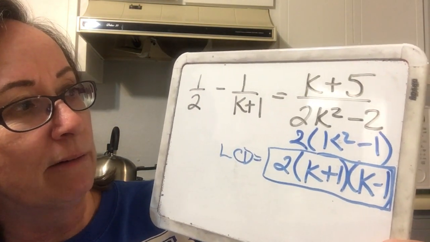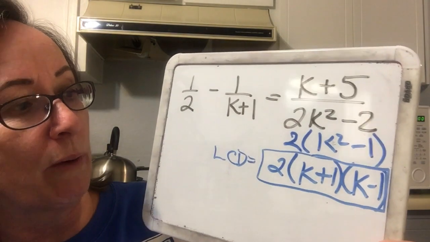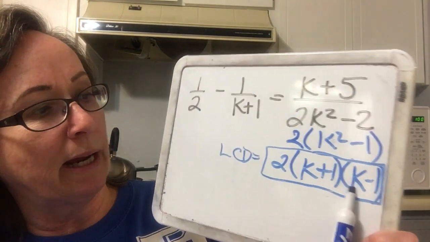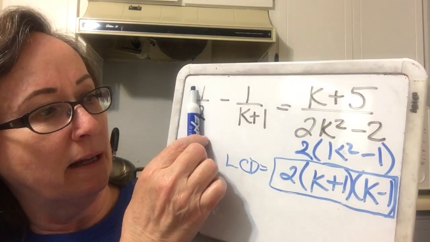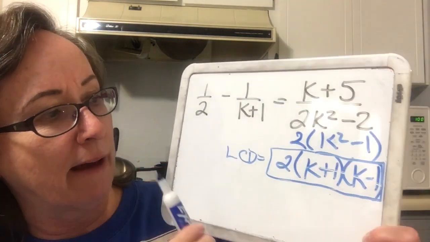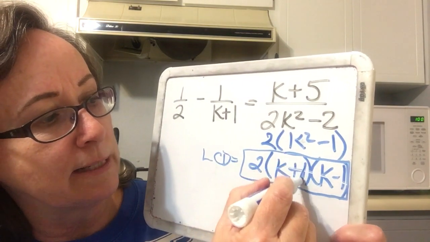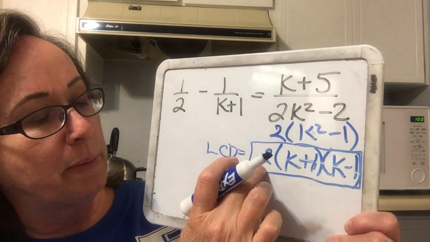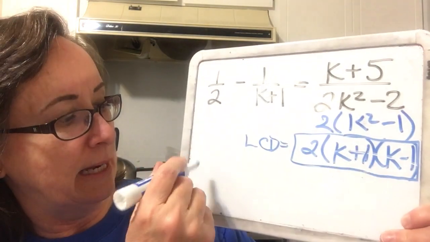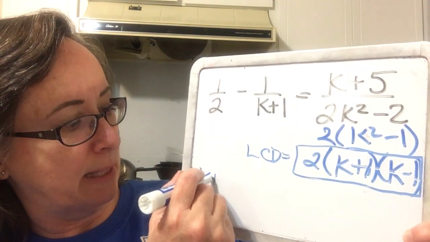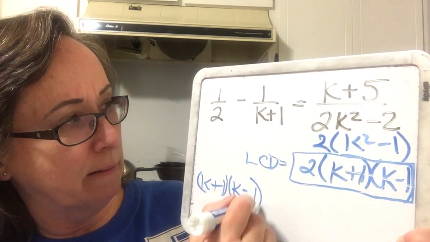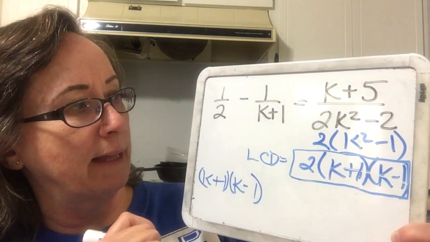Okay, now I don't even have room on this one to write down the LCD, but this is in the numerator, and I'm multiplying this by 1/2. Oops, I just erased that. So the 2 on the bottom and the 2 on the top are going to cancel, and I'm going to end with a k plus 1 times k minus 1 for this first term multiplied by this.